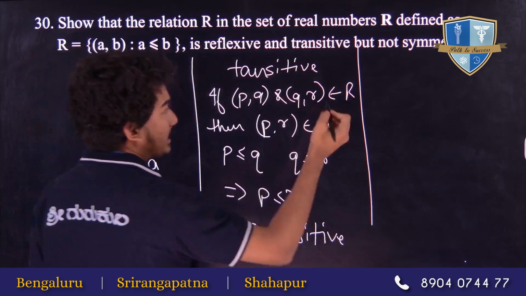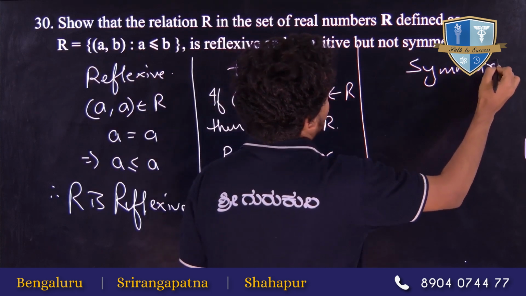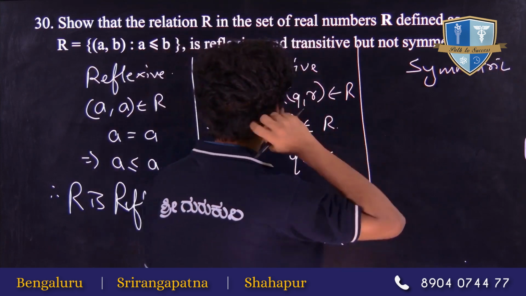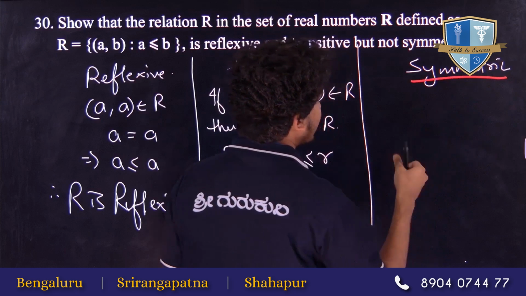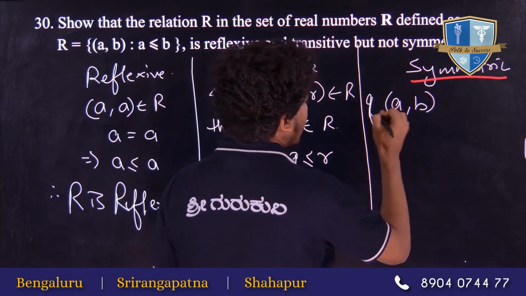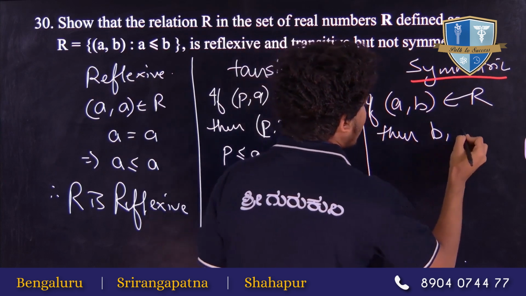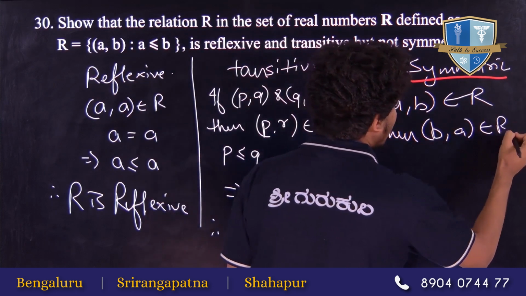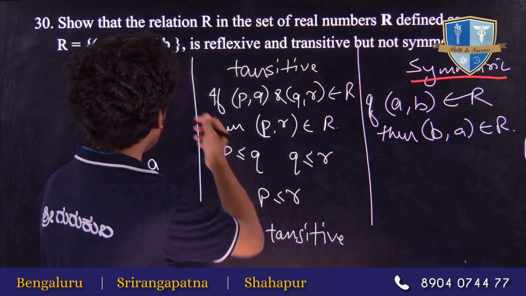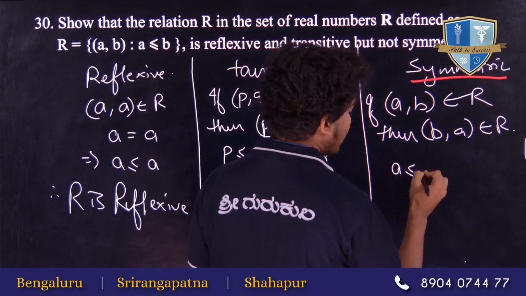Now let's check symmetric. A relation is a symmetric relation when, if (a, b) belongs to the relation, then (b, a) should also belong to our relation. Correct? So if (a, b) belongs to the relation, that means a is less than or equal to b.